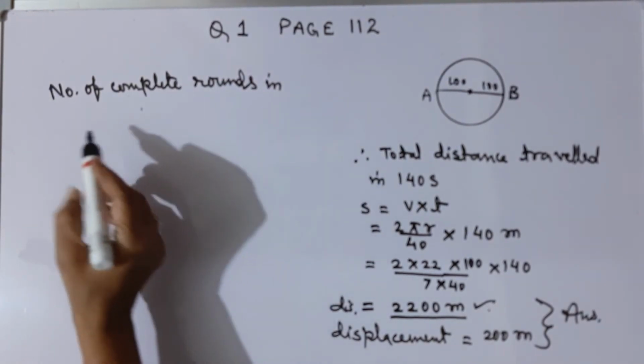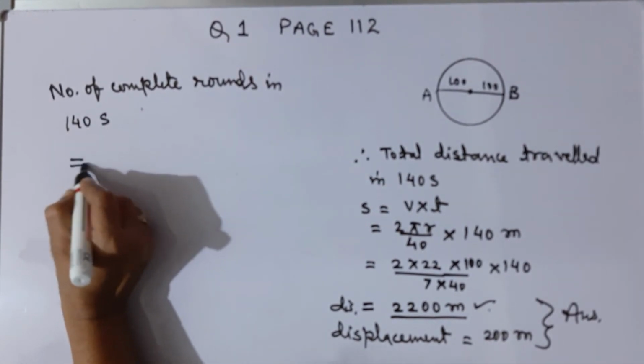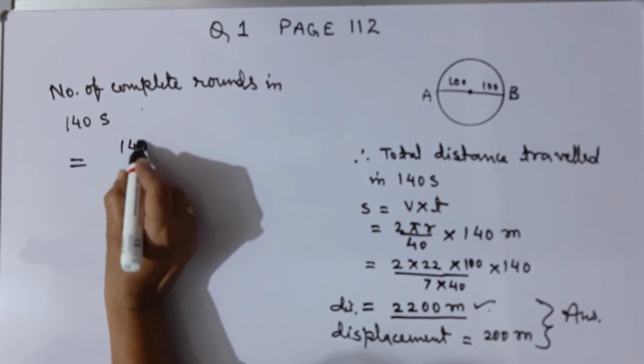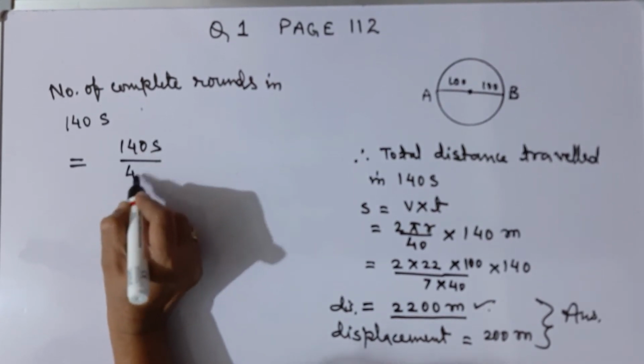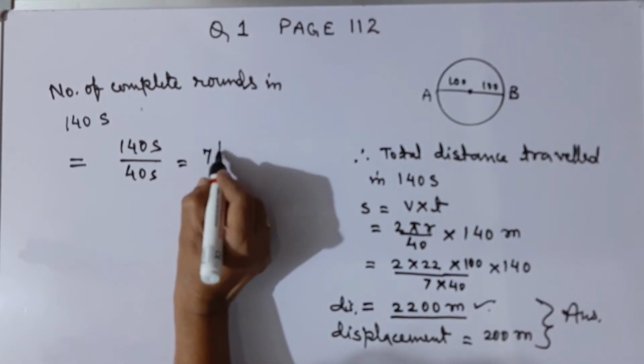Number of complete rounds in 140 seconds can also be calculated by 140 seconds divided by 40 seconds, and that will be again 3.5.